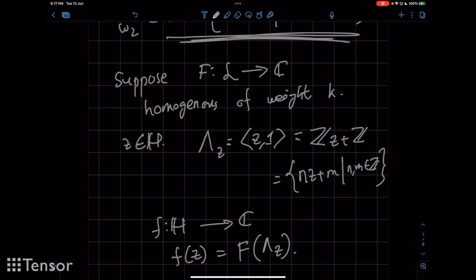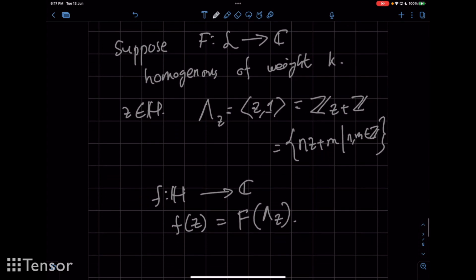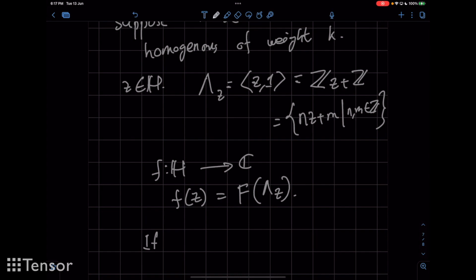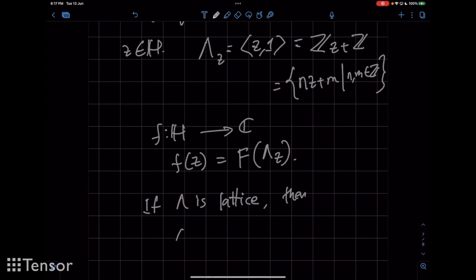And if I have such a small f, then from the small f we can recover the capital F as well, right? Because if lambda is a lattice, then it is homothetic to some lambda sub z set. Sorry, not isomorphic, homothetic. So if lambda is generated by omega 1 and omega 2, then that is homothetic to omega 1 by omega 2, comma 1.